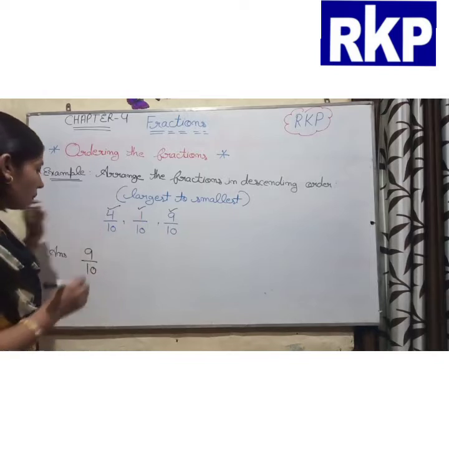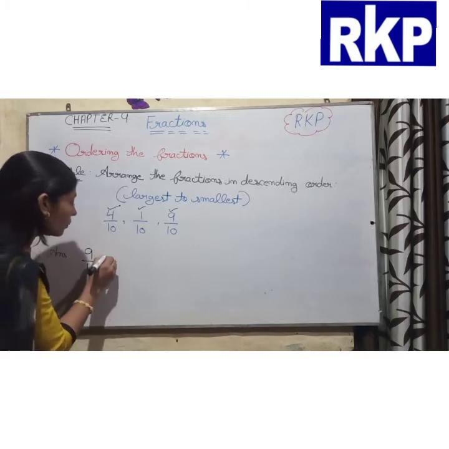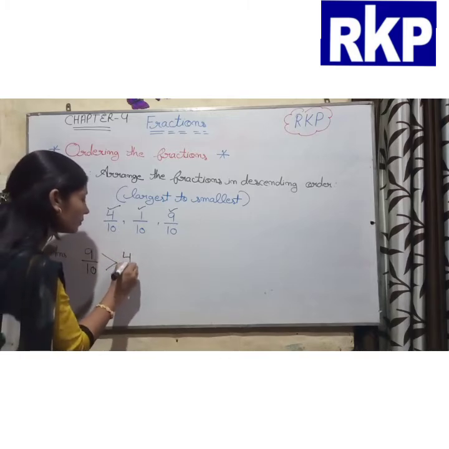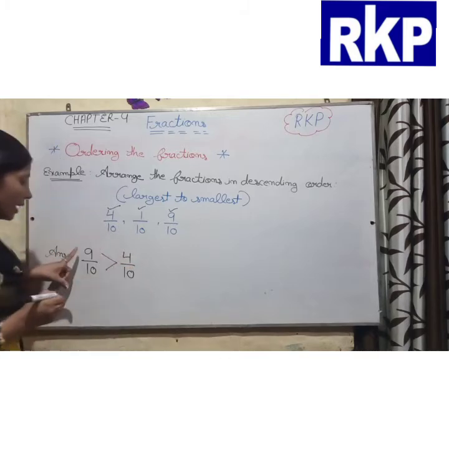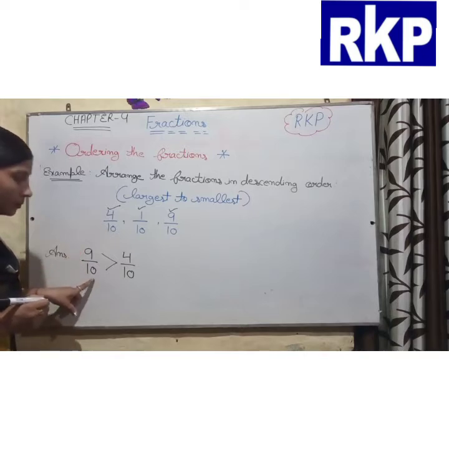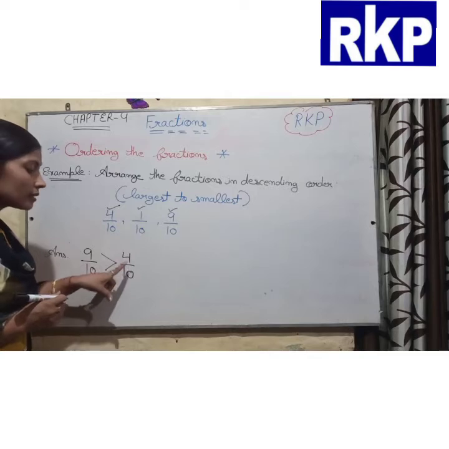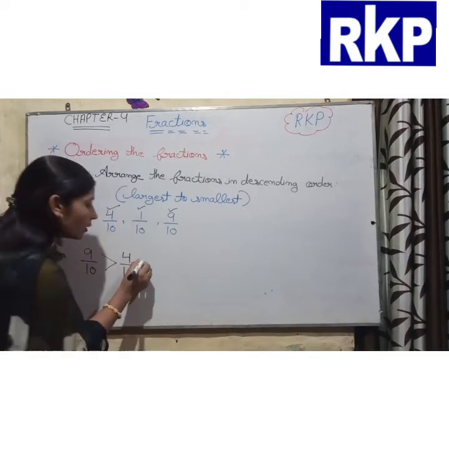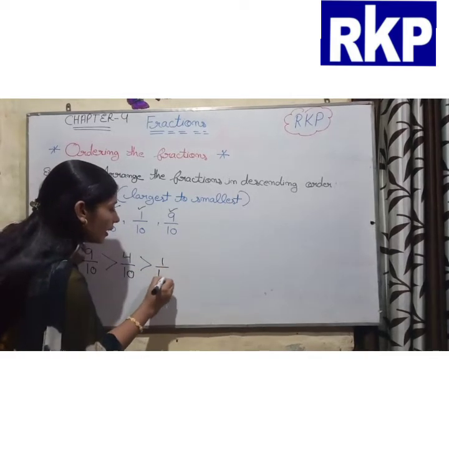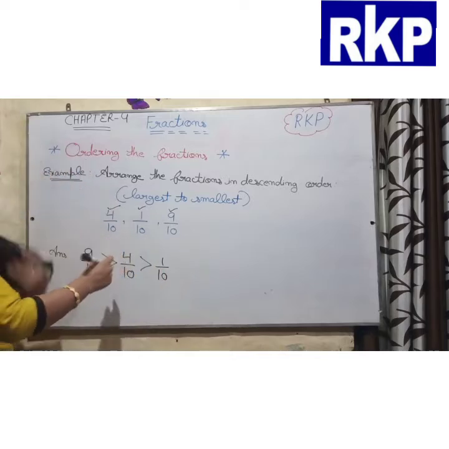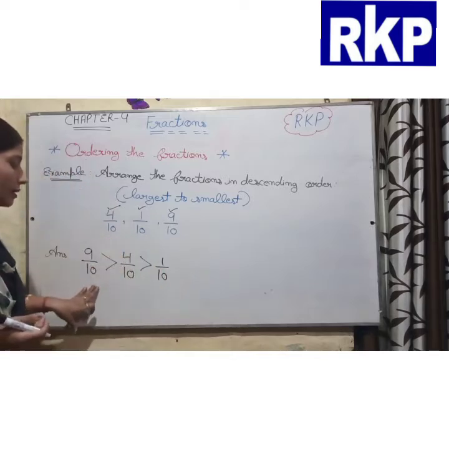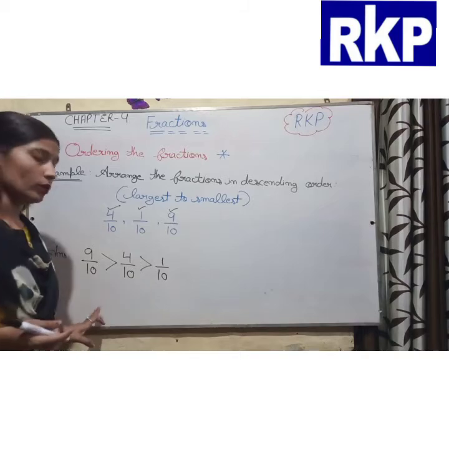So now we have to write 4 by 10. 9 by 10 is greater than 4 by 10 and 4 by 10 is greater than 1 by 10. Now these fractions are arranged in descending order.